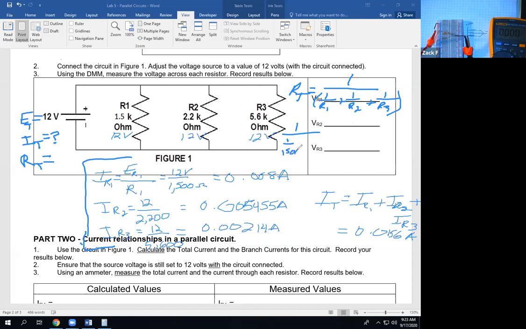So 1 over 1500 plus 1 over 2200 plus 1 over 5600. I'll pull up my calculator so you guys can see how I do that.